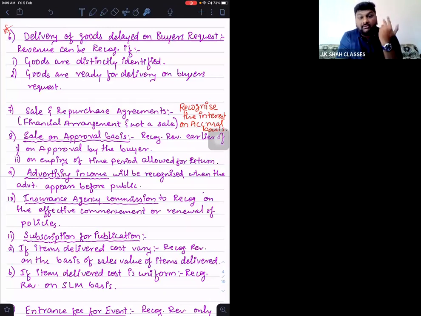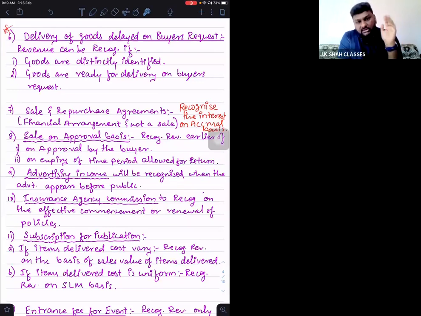Maybe because you are overweight, so your premiums would be higher and you don't accept the premium. So policy will be cancelled and they will refund your money. So technically, when the new policy is sold, first wait till the commencement of policy. Commencement means the insurance company has accepted the policy.